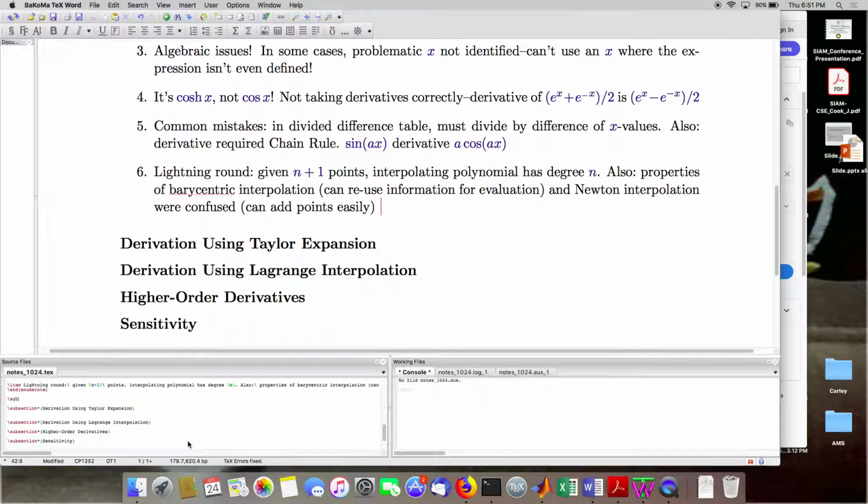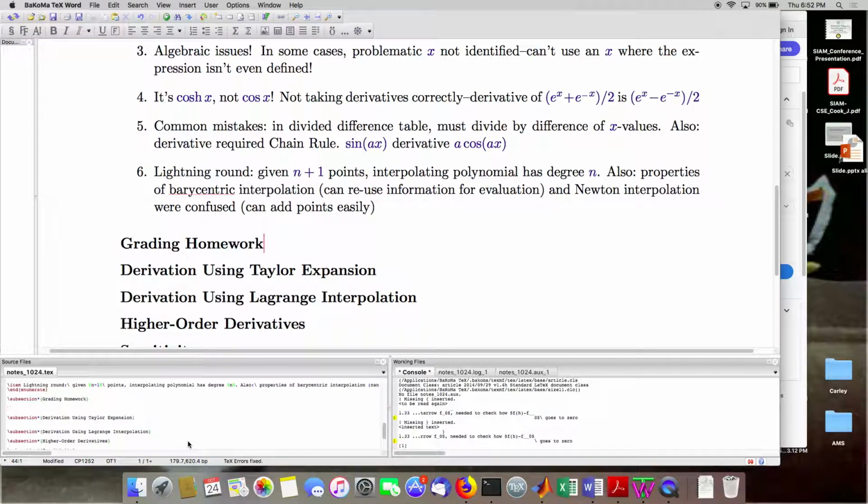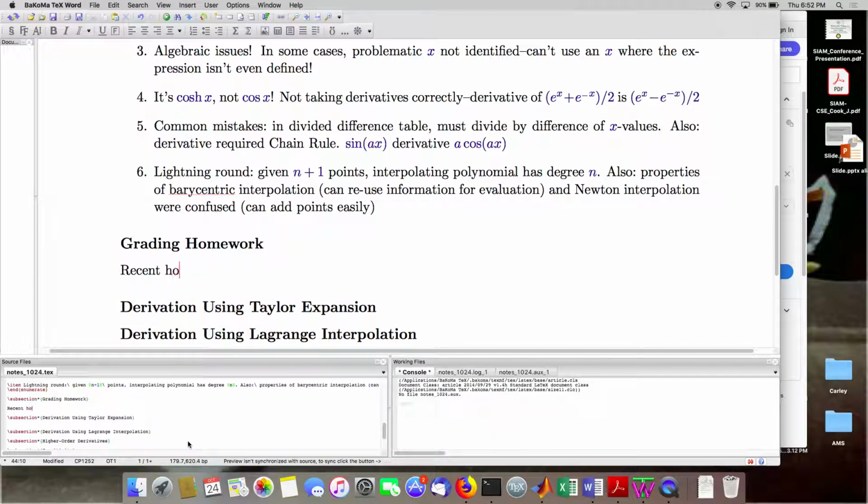Now, I also want to say something about what I've been doing the last couple of assignments with grading. For recent homeworks, I guess homeworks 4 and 5, I am using MATLAB scripts.